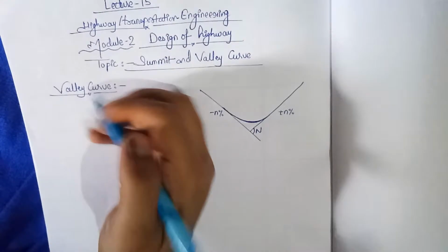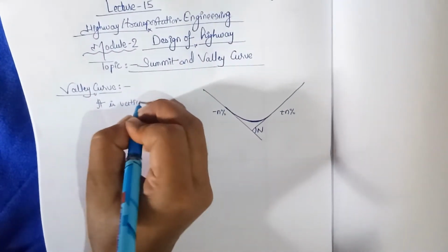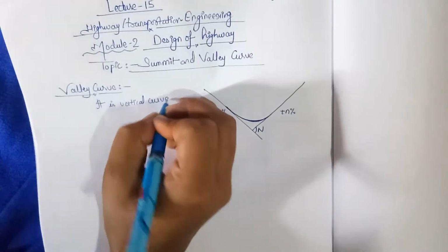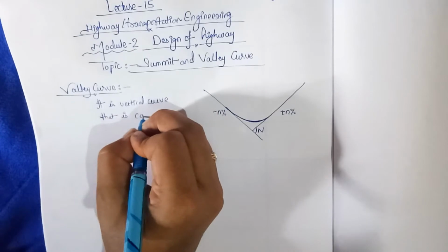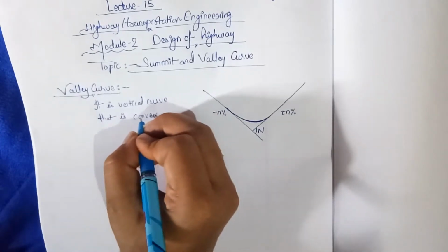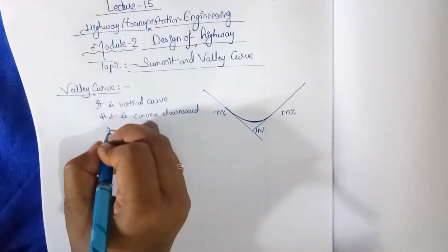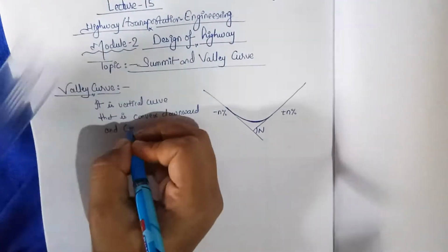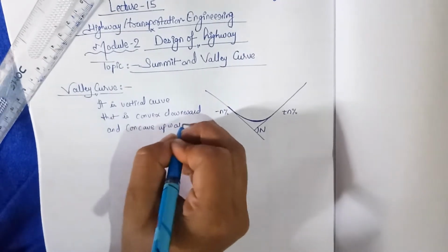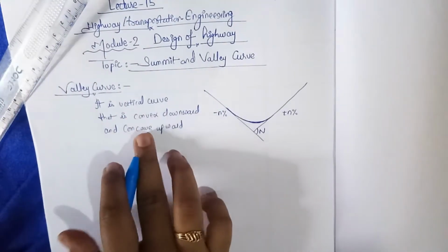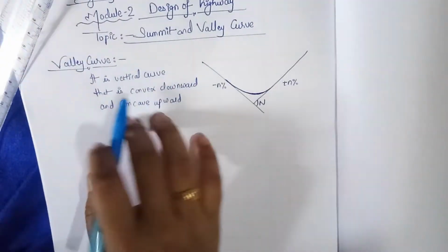It is a vertical curve that is convex downward and concave upward. So this is the valley curve.